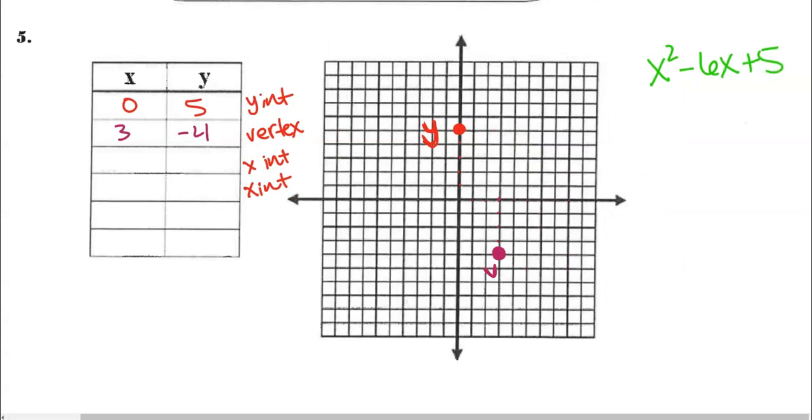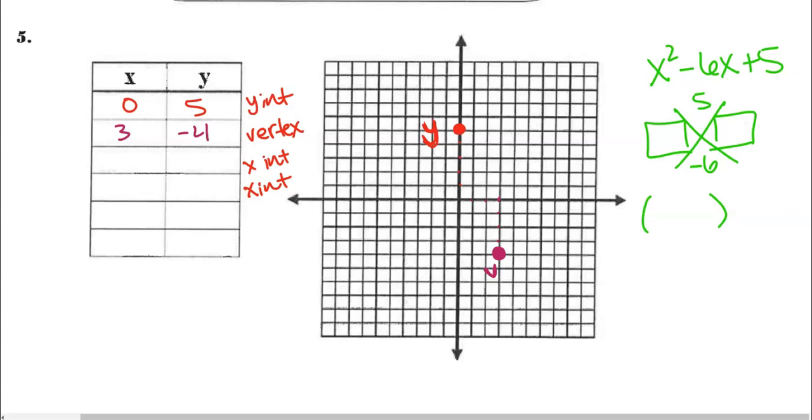X squared minus 6x plus 5. Let's factor it. What multiplies to give me 5, but adds to give me negative 6? Almost. They have to multiply to give me 5 this time. I know, it's sneaky. What multiplies to give you 5? Just 1 and 5, right?